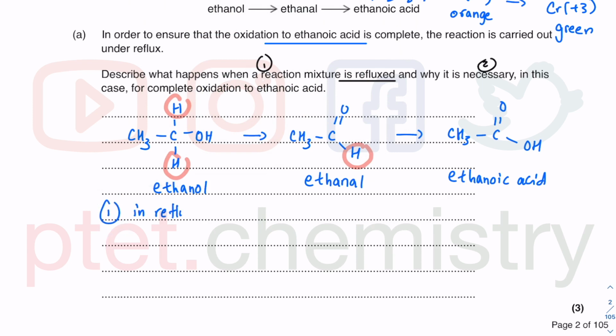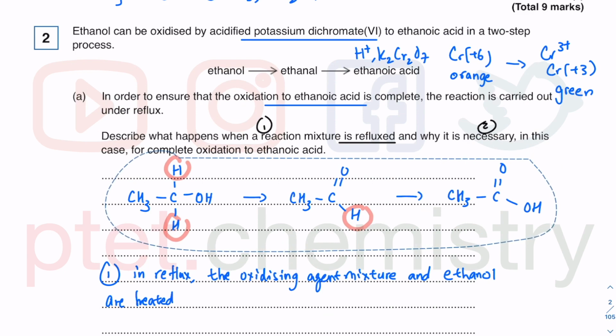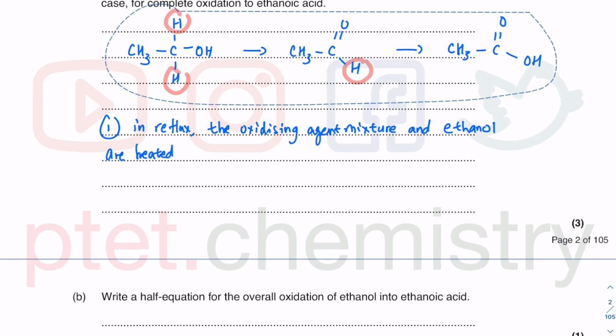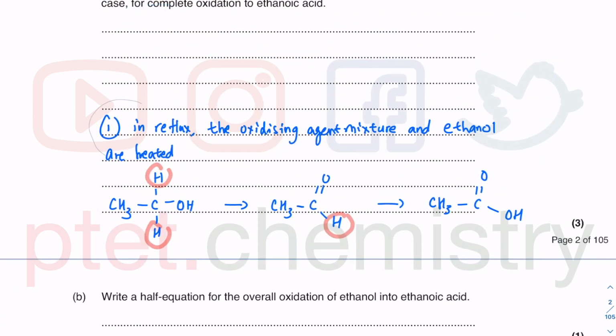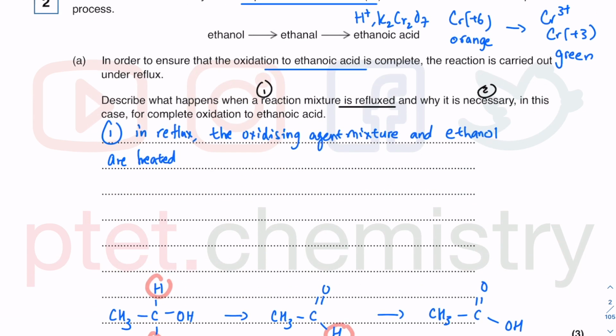In reflux, the oxidizing agent mixture and the ethanol are heated until they boil, because you have to heat until they boil.